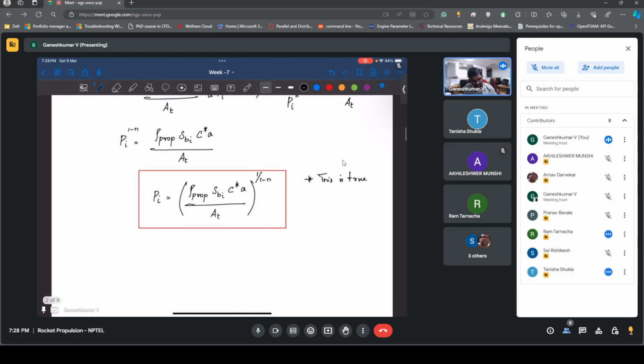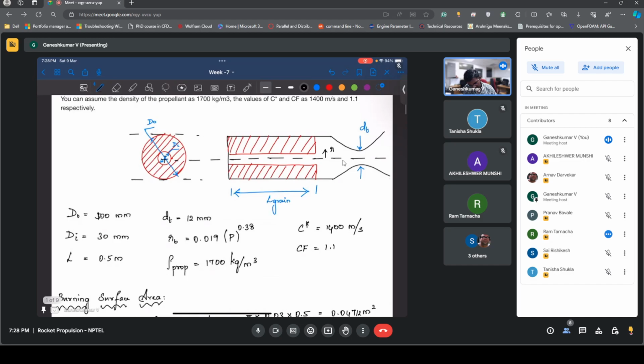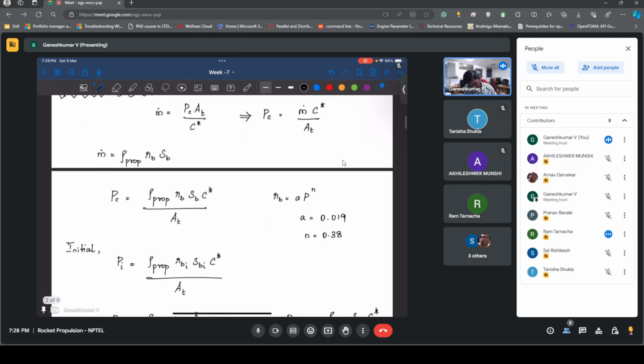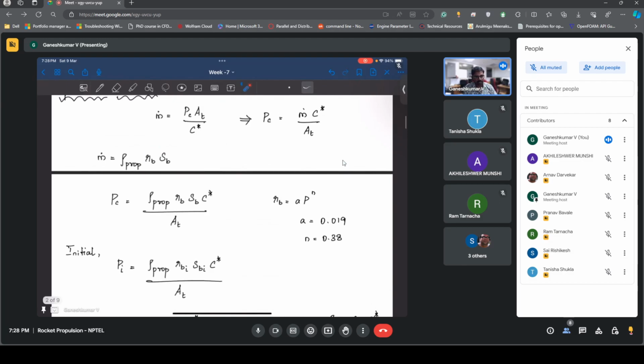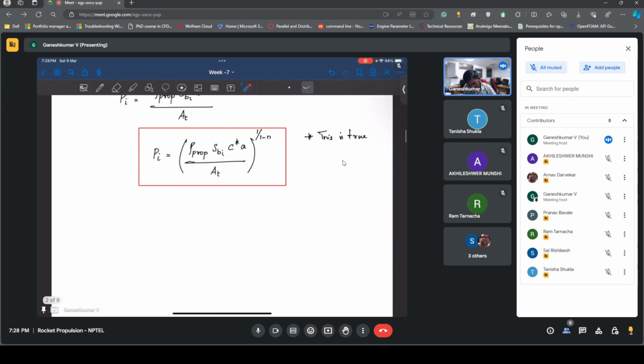Wonderful. Thank you, Tanisha. So basically, this m dot into c star part is coming from the nozzle, and this part is coming from the propellant, and you are just equating these two, which means the mass burning rate is equal to the rate at which mass is going out of the nozzle. So it's kind of a steady state analysis. Please remember that whatever mass comes in is going out, so we are talking about the steady state region. That's why this is true throughout the steady state region.